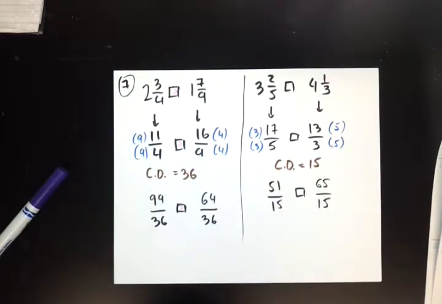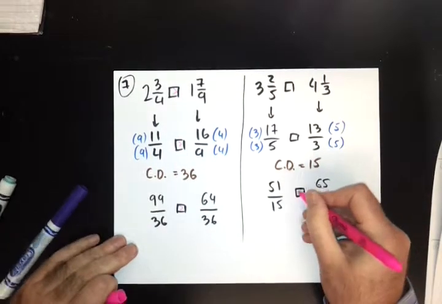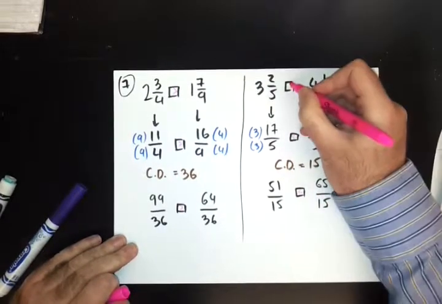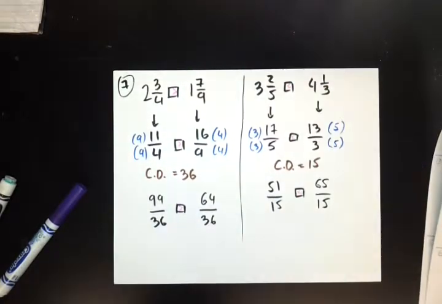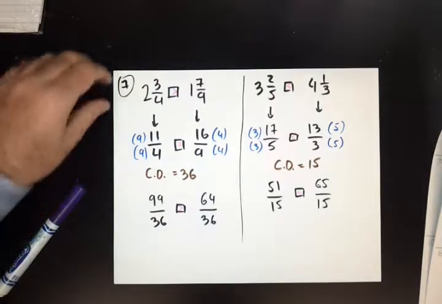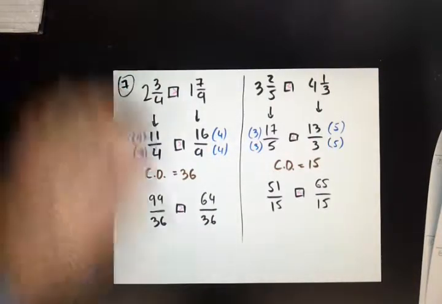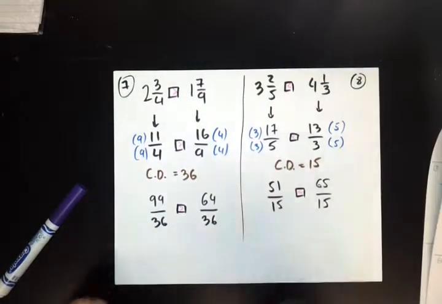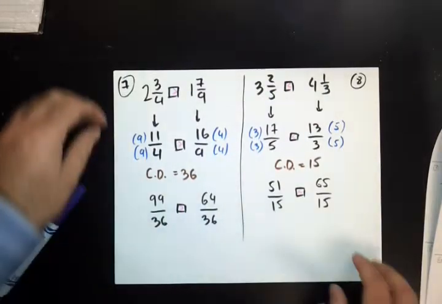So unless I messed up my calculations, 65 is bigger than 51. Alright, that was number 8, so I'm going to move up to number 9 now.